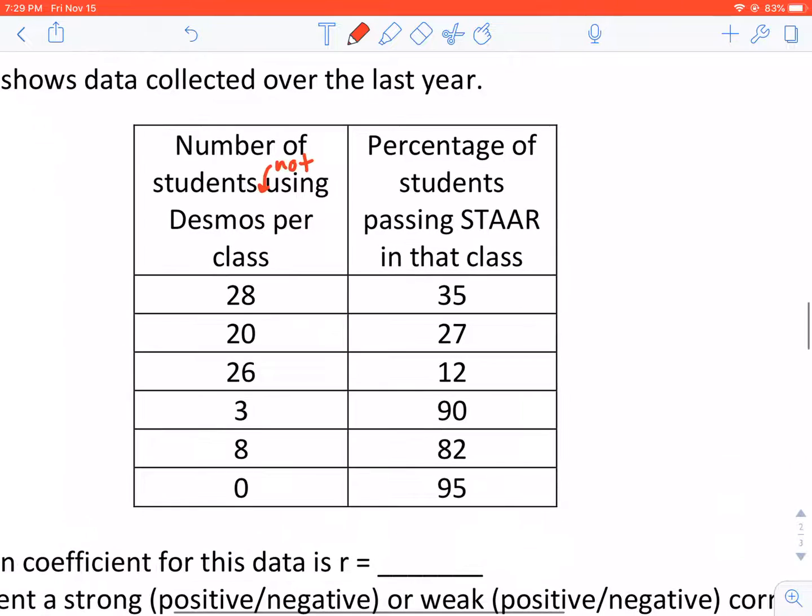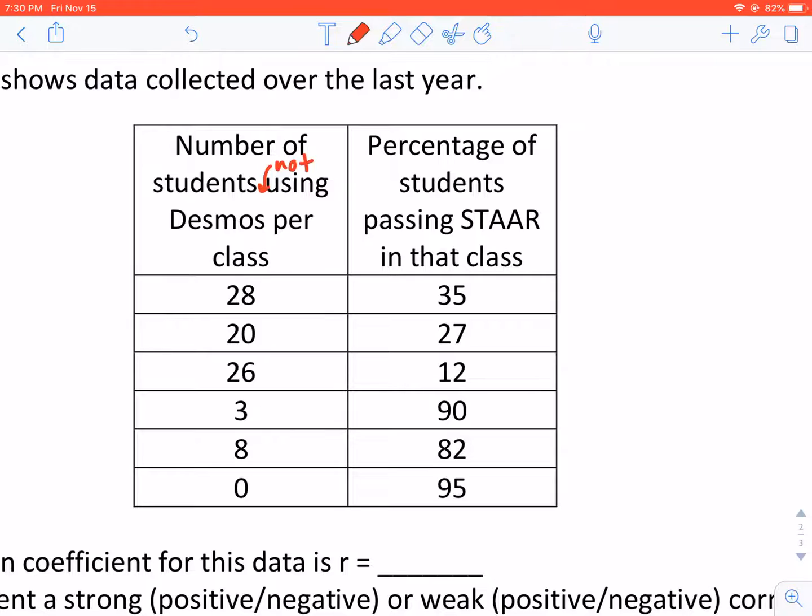So right here we have 28 students, that's almost a whole class not using Desmos, and 35% of those kids passed the STAR. That's a pretty low percentage. Then 20 kids not using it with 27 passing, 26 kids with 12 passing. Those are pretty dismal percentages of passing the STAR, so that's not good.